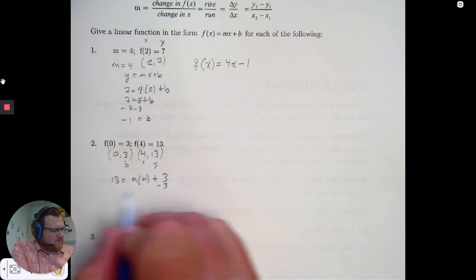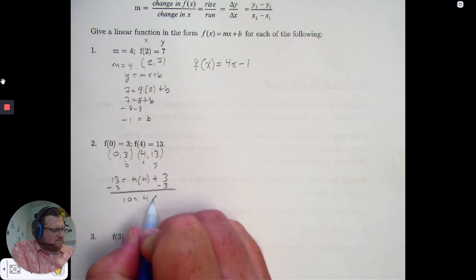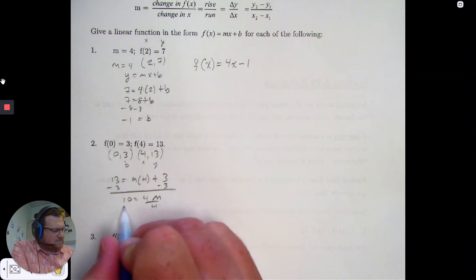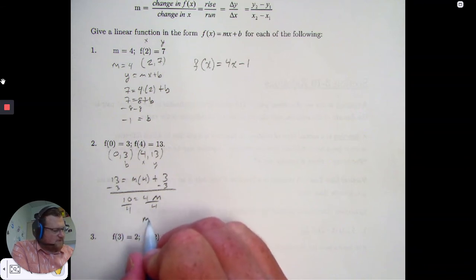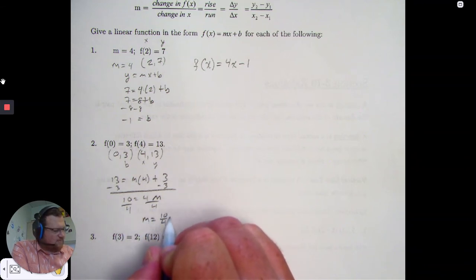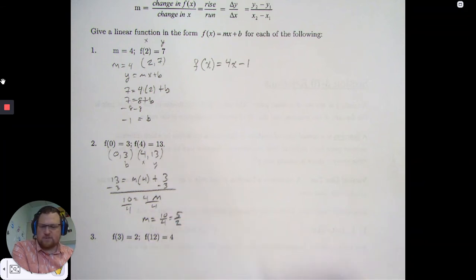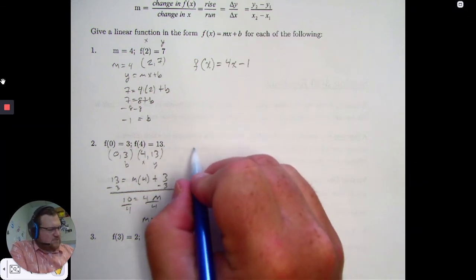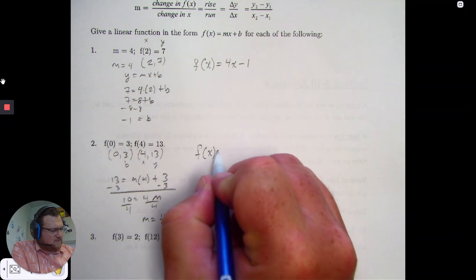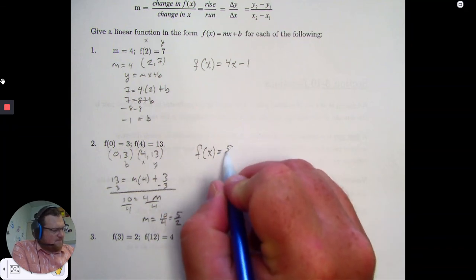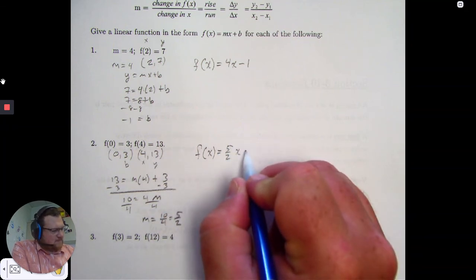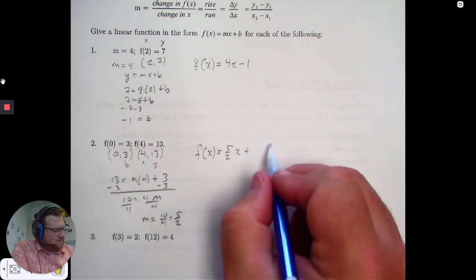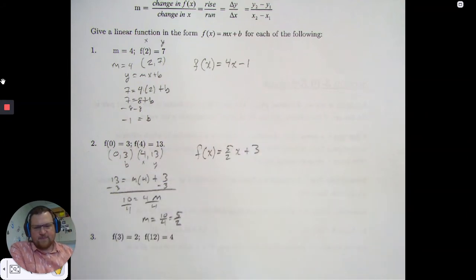So you can subtract 3 from both sides, and you get 10 equals 4 times m. Divide both sides by 4, and you get m equals 10 over 4, which is 5 over 2. So your equation is f of x equals mx plus b, which is 5/2 x plus 3.